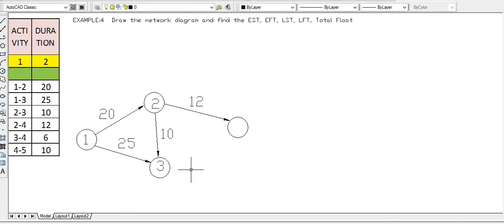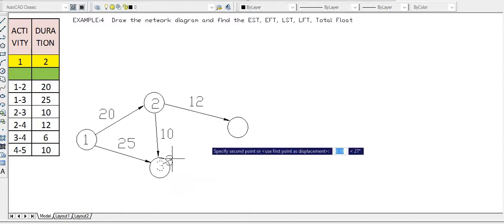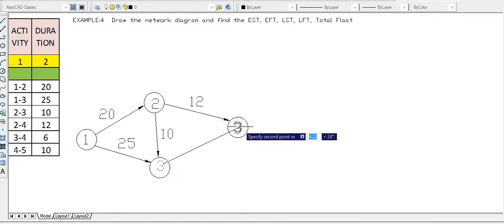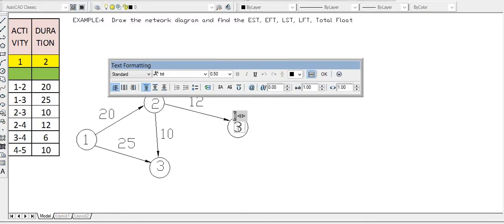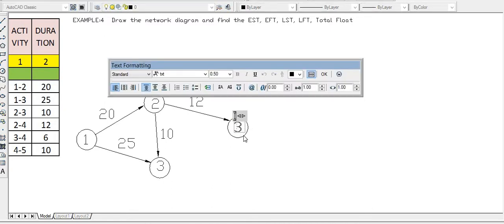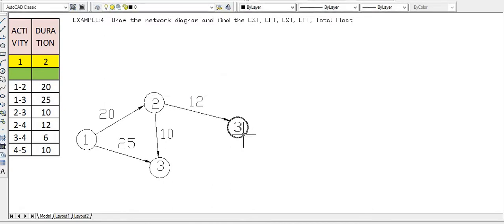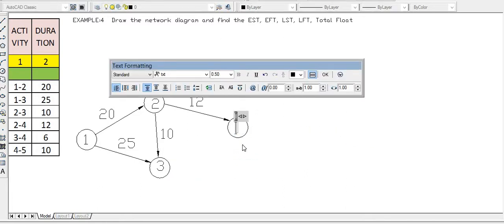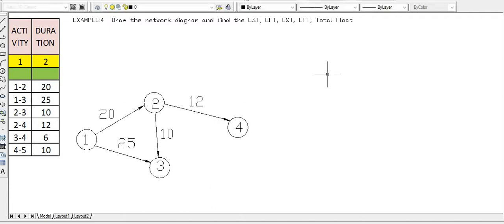We will call this activity 4. 2 to 4 has 12 days.